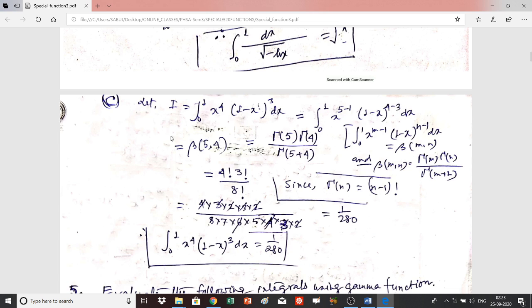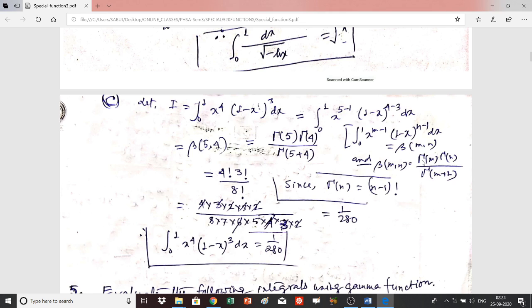Now this is equal to beta(5, 4), and you know the relation between the beta function and the gamma function: beta(m, n) is equal to gamma m times gamma n by gamma of m plus n. So beta(5, 4) can be written as gamma 5 gamma 4 by gamma of 5 plus 4, and you also know that gamma n is equal to (n minus 1) factorial.